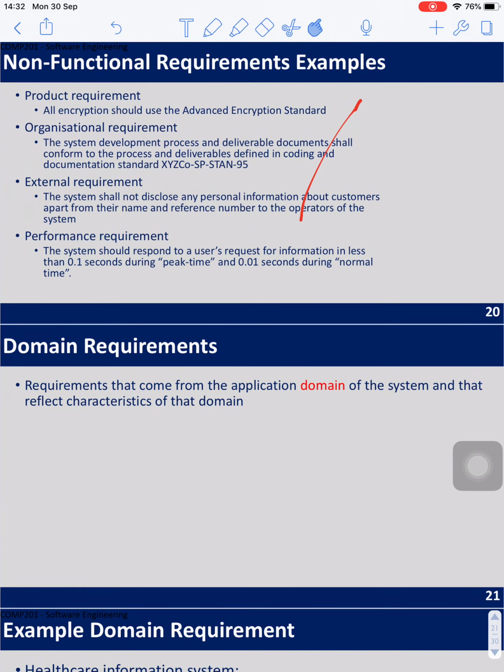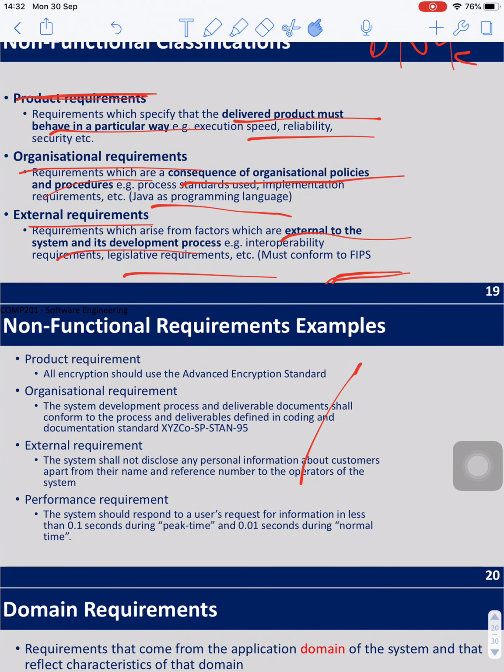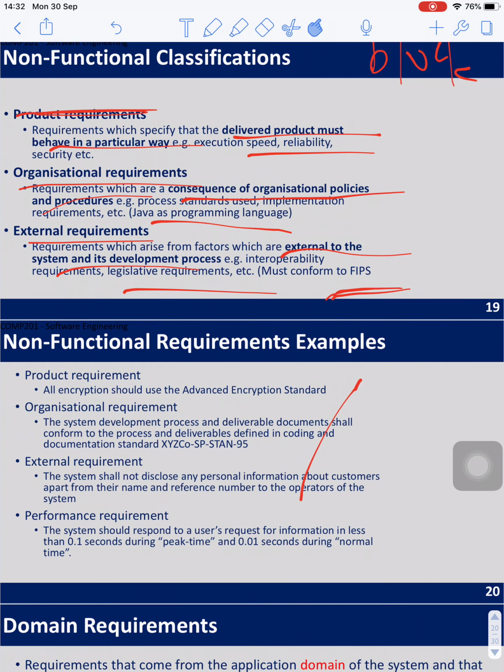And then when it comes to the non-functional requirement, we also talk about the same ones, like the organizational. There are other examples. For example, the encryption should use maybe the Advanced Encryption Standard, and the organizational maybe Huawei's company has a coding standard like that, and the external requirement is that the system shall not disclose any personal information about the customer apart from the name and reference number to the operators in the system.